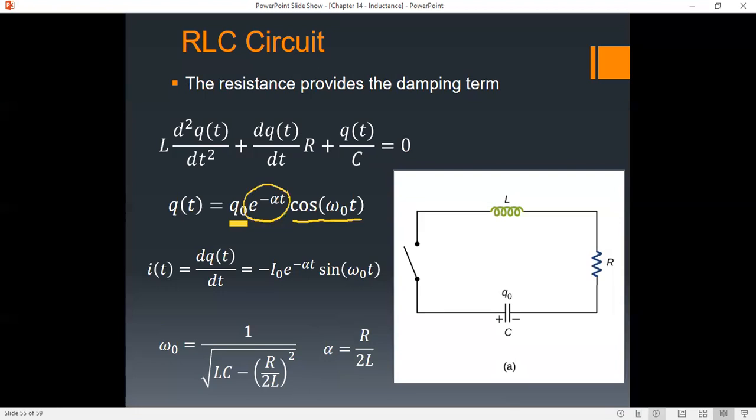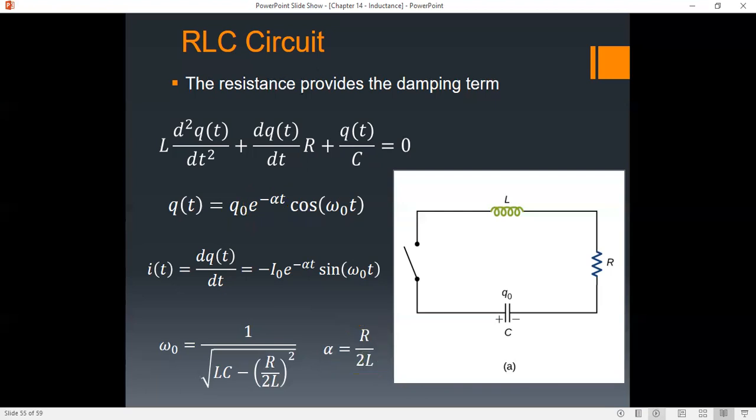And notice that this alpha depends on the resistance and also depends on the inductance. Makes sense why it depends on the resistance, but the larger the inductor is, the more it's going to slow the current down or take longer for the current to dissipate. And that's why it delays the exponential decay, all right?